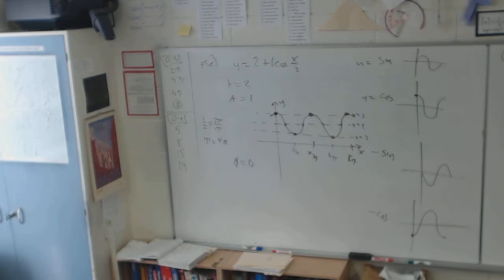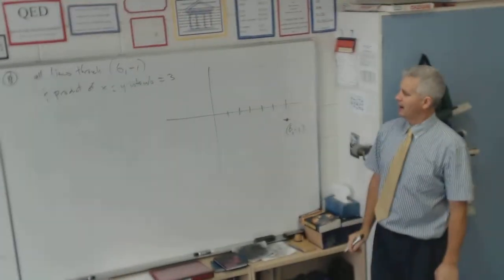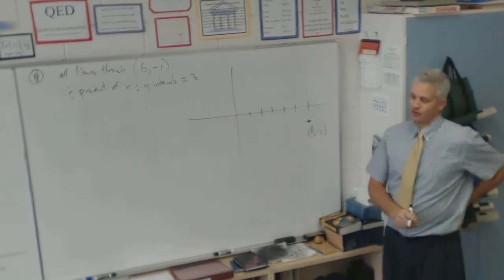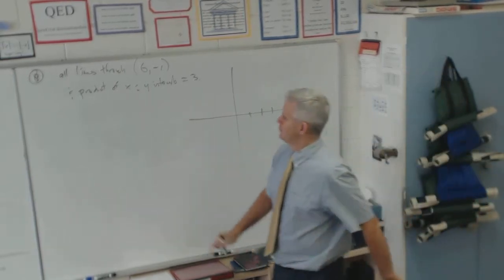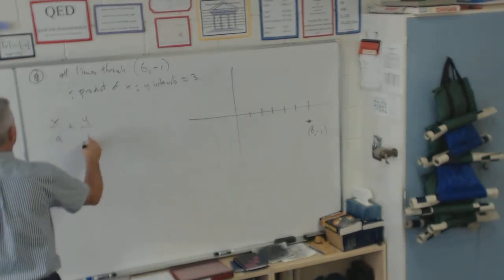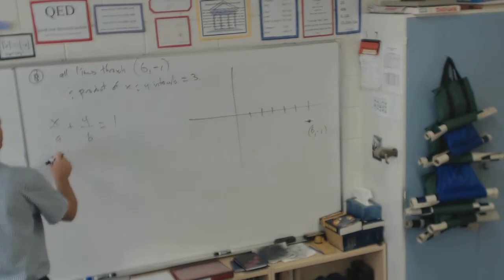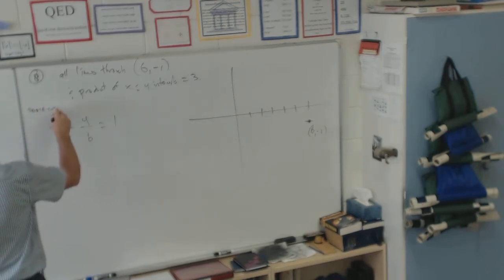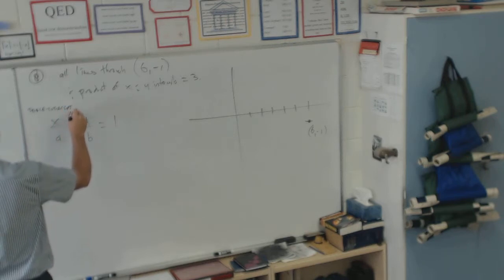And somehow, if you take the x-intercept times the y-intercept, it makes 3. The easiest way to do this is to go with x over a plus y over b is 1. It's called double intercept form. Now there's many ways to do this problem, but I think this is the easiest.